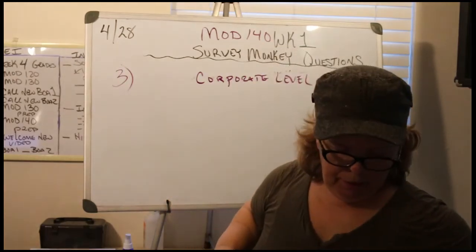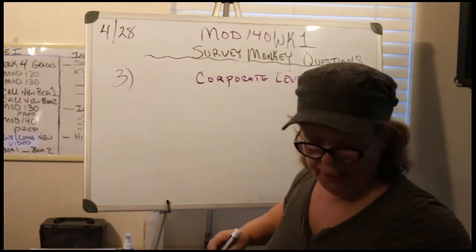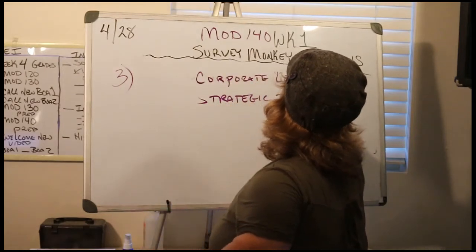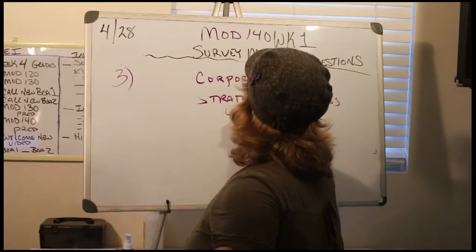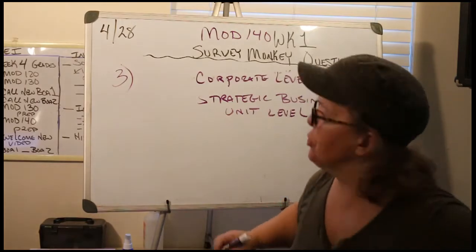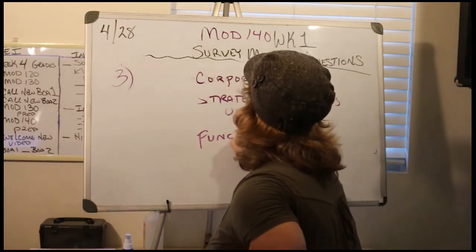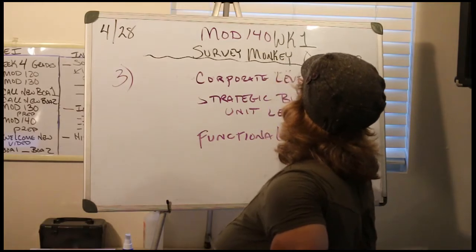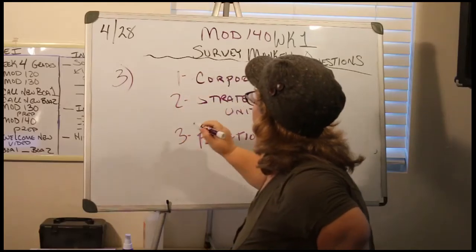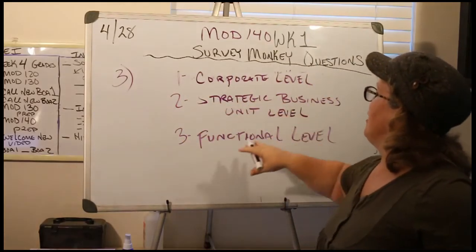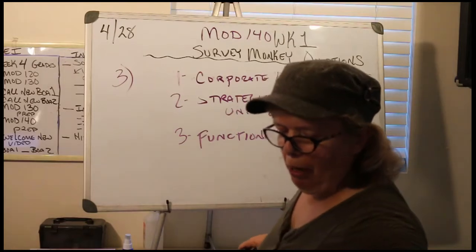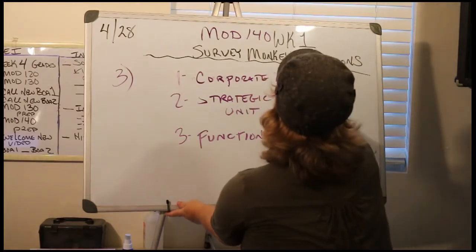Then we have the strategic business unit level. And then we have the functional level. One, 2, 3: corporate level, strategic business unit level, and functional level. We'll talk more about this when we go over the PowerPoints. So let's do number 4.